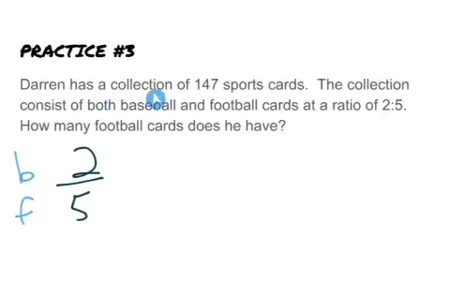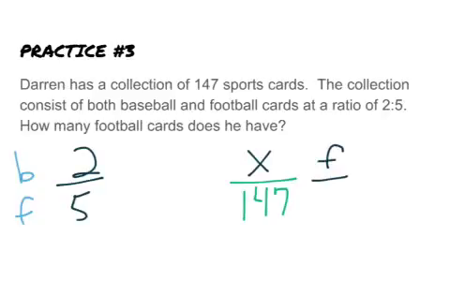Well, again, we're given a total of 147 sports cards. So if we have 147 as the total, and it says how many football cards, then the X is going to be the football over total. So if we're looking for football over total, our original needs to be football over total.